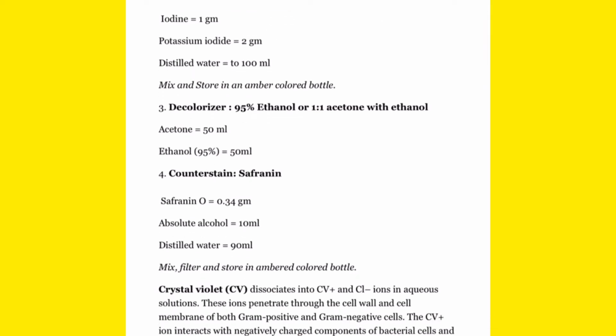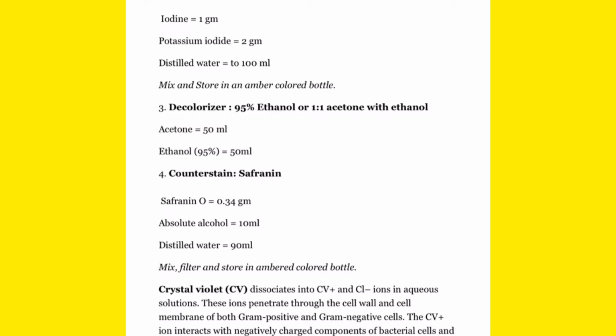Decolorization solution: which type of decolorizer, and how can it decolorize? You know these are alcoholic compounds, because they are dehydrating agents. They can dehydrate and decolorize, removing water from any cells or living things. How do you make this decolorizer?